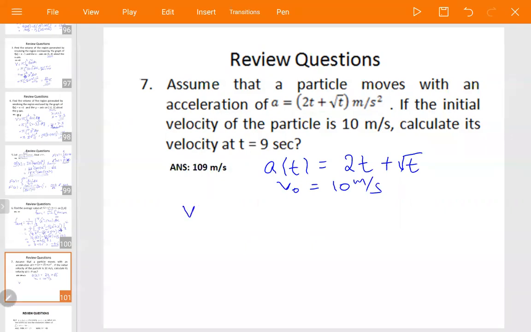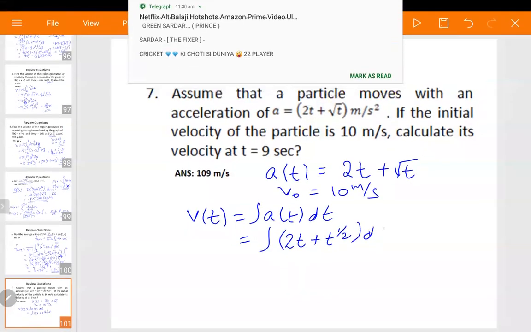So first let us try to find the velocity function. As you know, velocity is the integral of the acceleration. So velocity equals the integral of a of t dt. What is a of t? 2t plus the square root of t, or you can write it as t to the power of 1 over 2, dt.